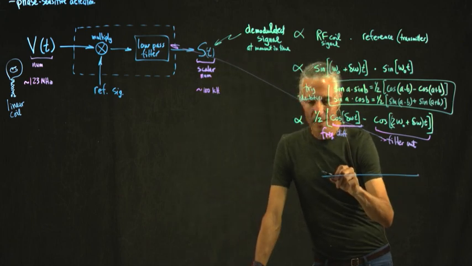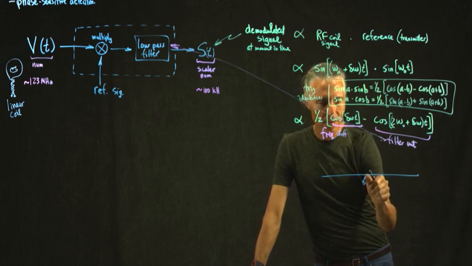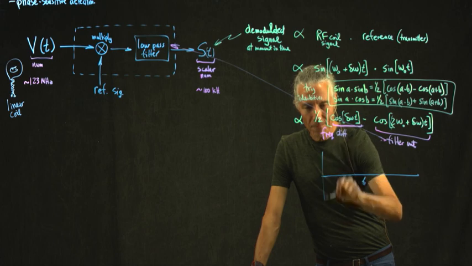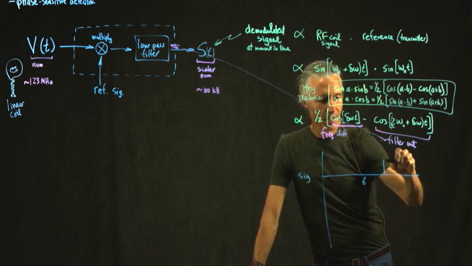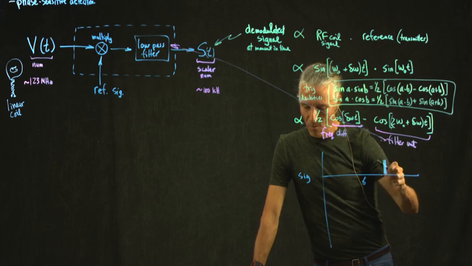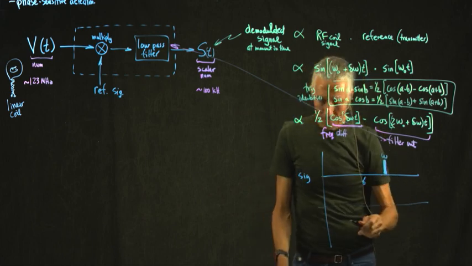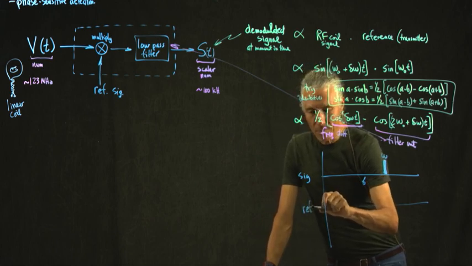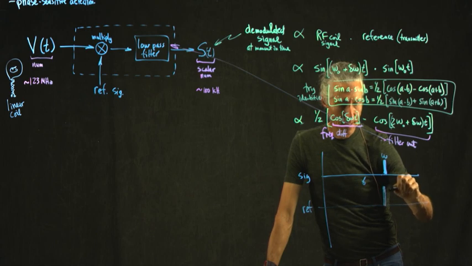If we draw it out in terms of frequency, our signal is a pretty high frequency. There are several frequencies in there, but let's just assume it's one frequency. Our reference is the transmitter frequency, and we'll just assume there's one frequency there.